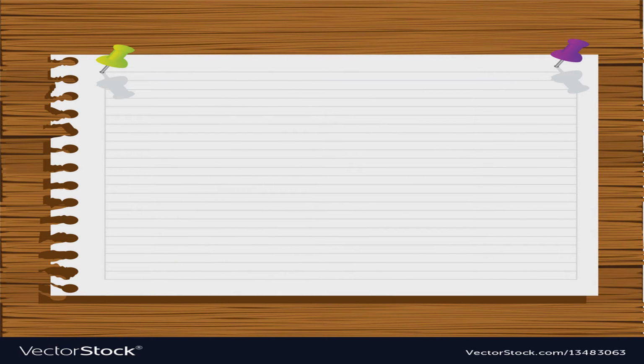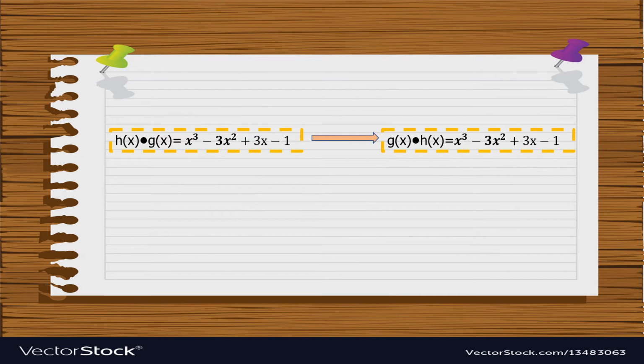Now, let us take these two examples: h of x multiplied by g of x and g of x multiplied by h of x. What did you notice? Good. According to the commutative property of multiplication, if the numbers are multiplied in any order, the result is the same.